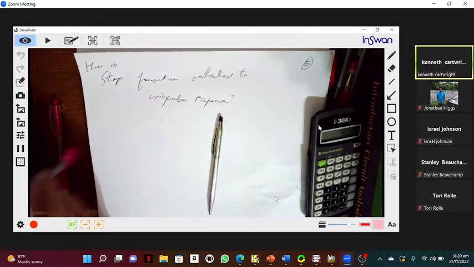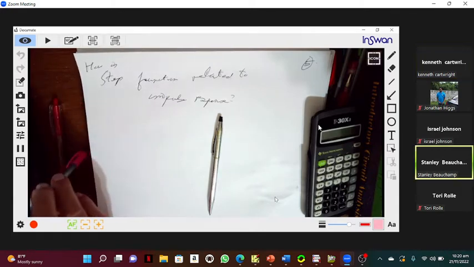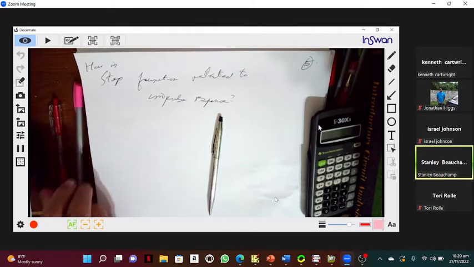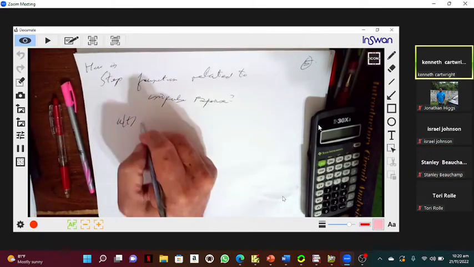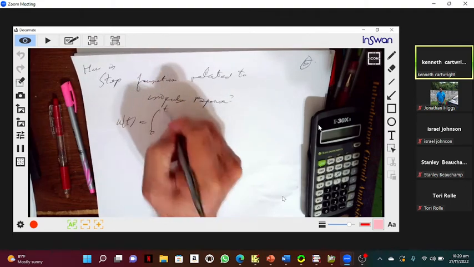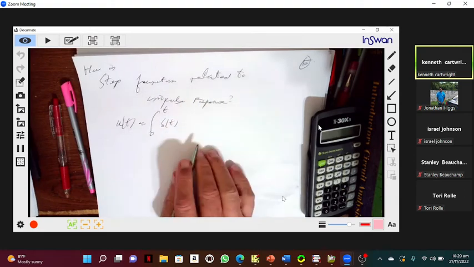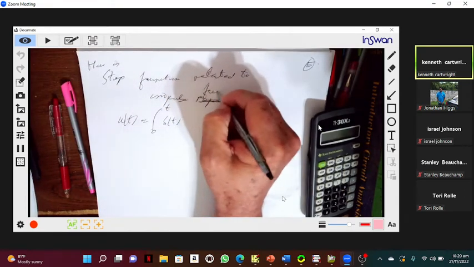You folks do not study. The derivative of a step function is the impulse function. So u of t, the step function, is the integral of the impulse. Oh, I'm sorry, I shouldn't put response there. It should be impulse function.